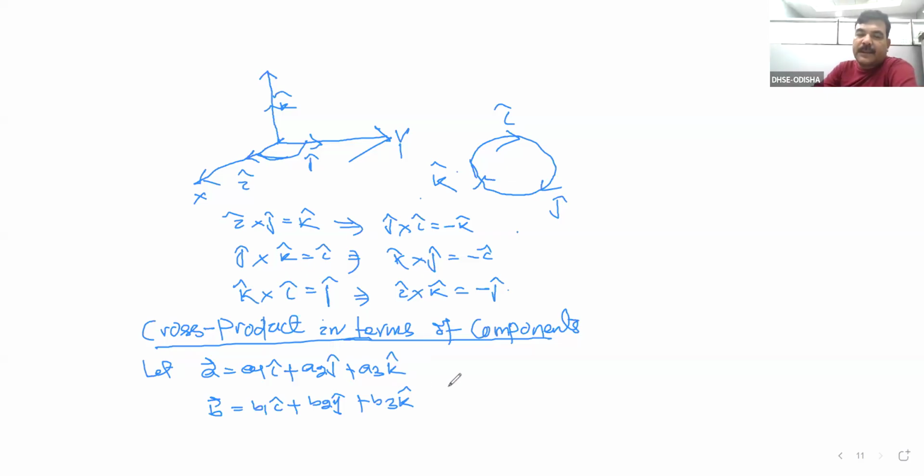Then vector A cross B is equal to the determinant I J K, A1 A2 A3, B1 B2 B3.